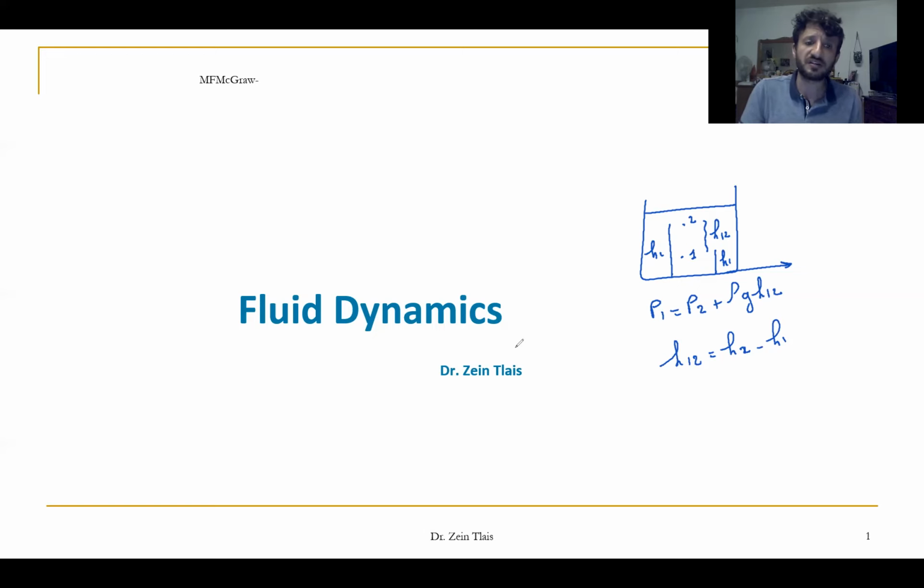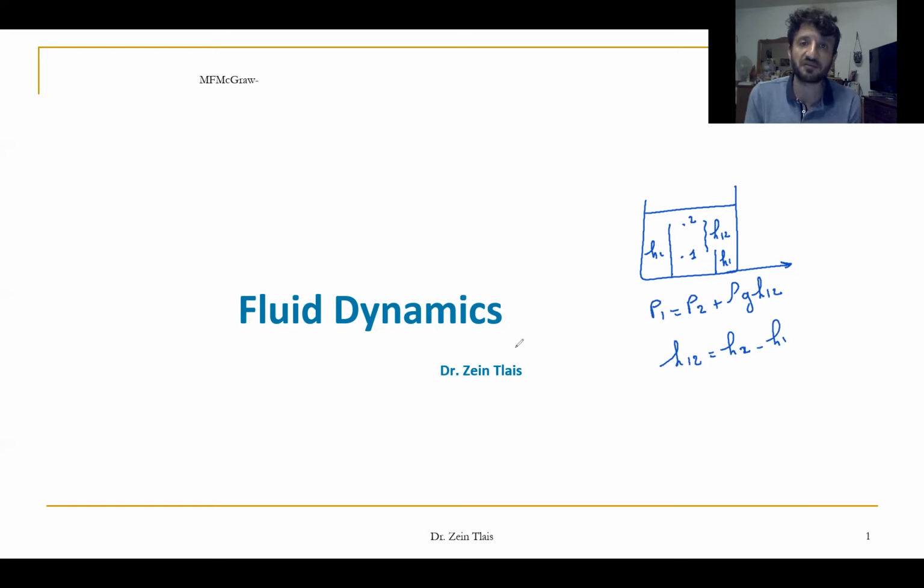Anyway, in fluid dynamics, we are studying a fluid with flow, with a velocity. We can take into account the height between any 2 points and also the velocities V1 and V2.